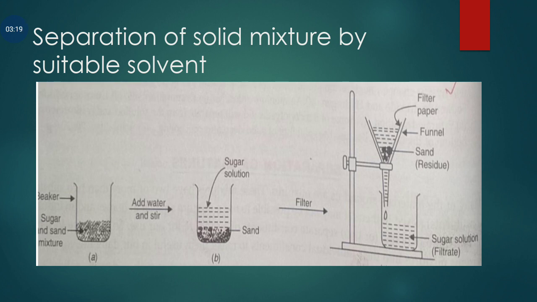The sugar dissolved in water passes along with it into the beaker kept at the downward part of the picture, and the sand remains as a residue in the filter paper. Sand gets separated, and then sugar can be obtained from water by using another process, that is distillation. We will discuss it in further classes.